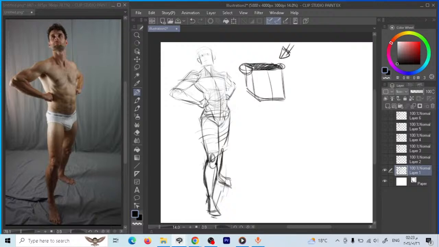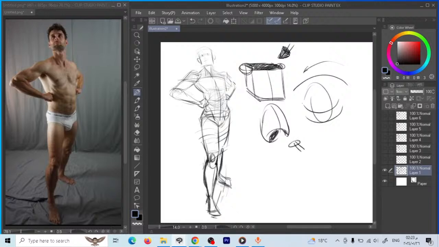We're looking like this. As you can see here, the six pack muscles are going this way, going this way. If it is going that way, that means the rib cage is looking like that, which we're actually looking at from here. So things are going to wrap around like this.